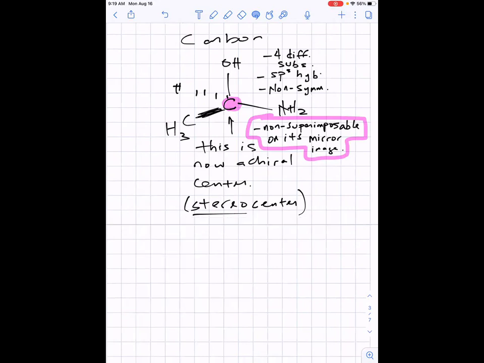All right. So let me just redraw this carbon. Let me make a point right here too.